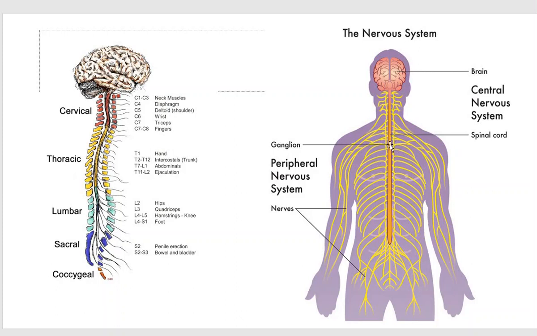If you cut it here, then all this would still work, but everything downstream would be affected. And the same if you cut it here, all of the chest and the arms and the head and the neck would be okay, but everything from the waist downwards would be affected.